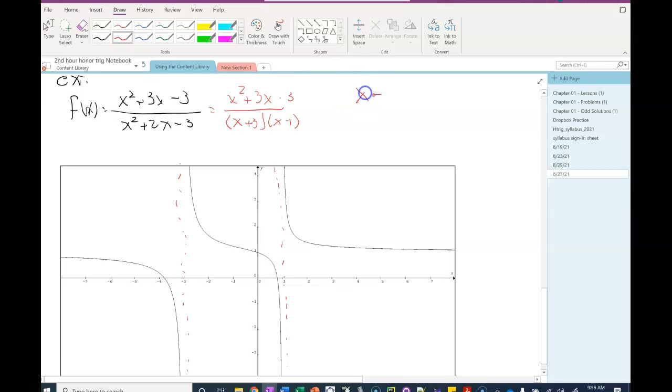If I set those pieces equal to 0 and solve, there are my asymptotes, right? At -3 and at +1. Does that ring a bell from last year? It should.